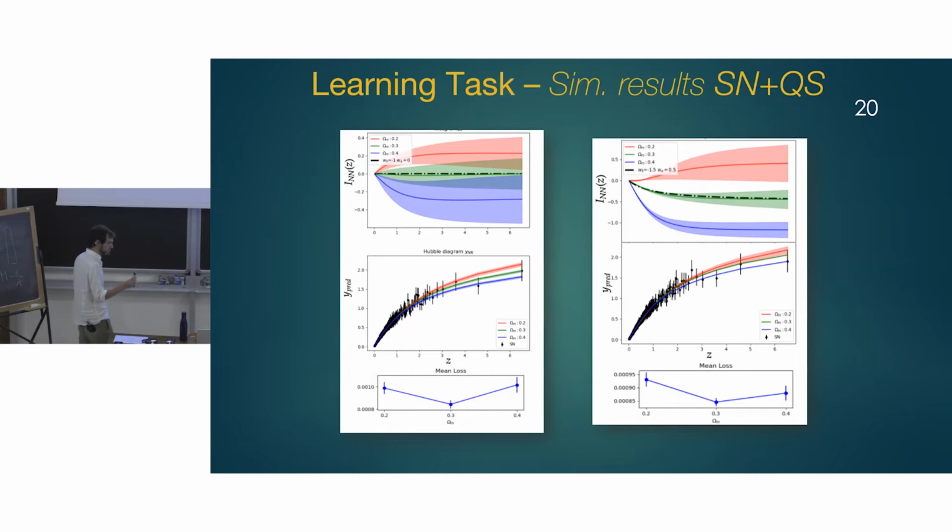Again, very important is that we fix every hyperparameter. We don't optimize everything again, otherwise it would be like cheating. We fix everything, and it's the same algorithm that runs here and here. And again, we were able to retrieve the proper omega m of our data. So now we say, okay, quasars are very important to discriminate models because they extend up to high redshift.